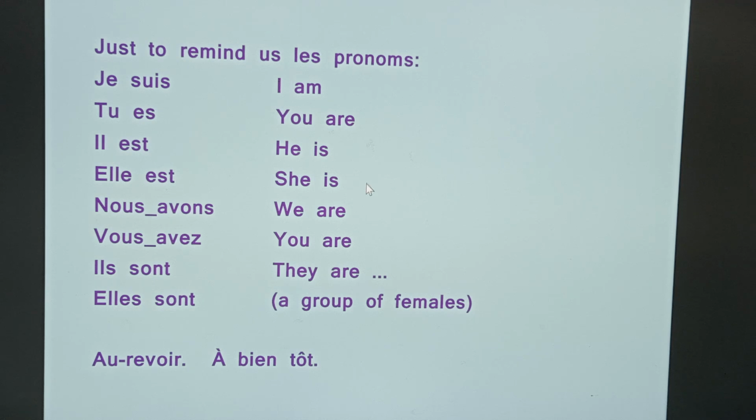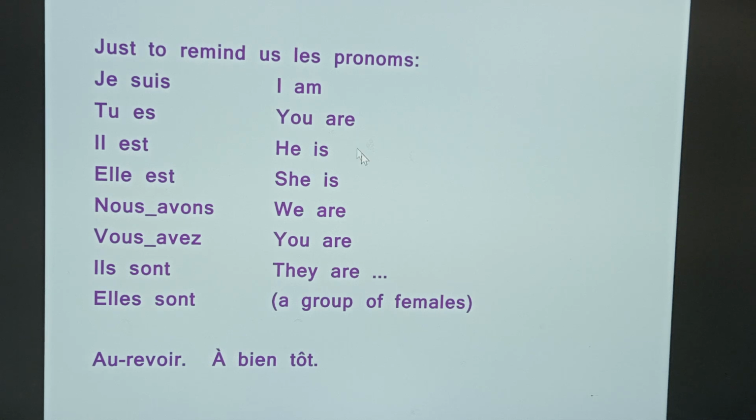I am, you are, he is, she is, we are, you are, they are. Here, the they are is actually for the female also, but in English you only have one form. Also, it's a feminine group. Voilà, à bientôt.